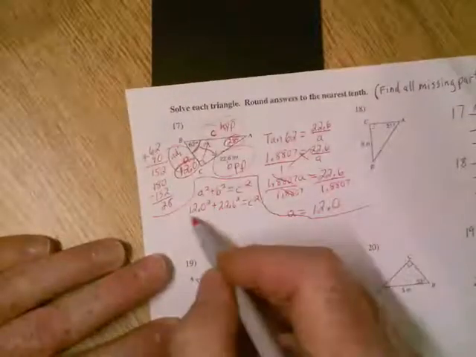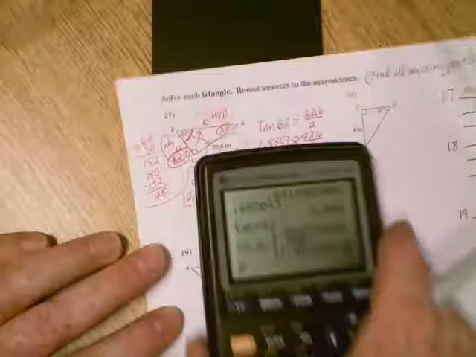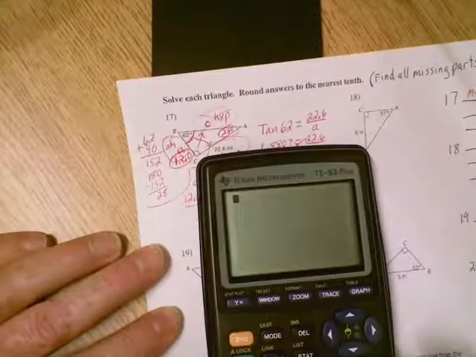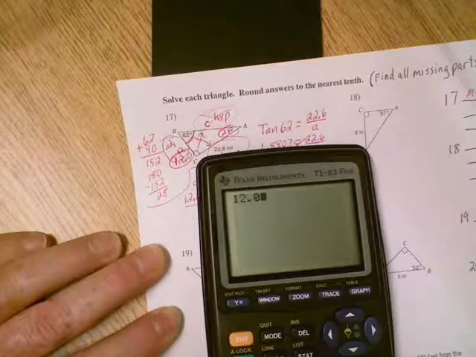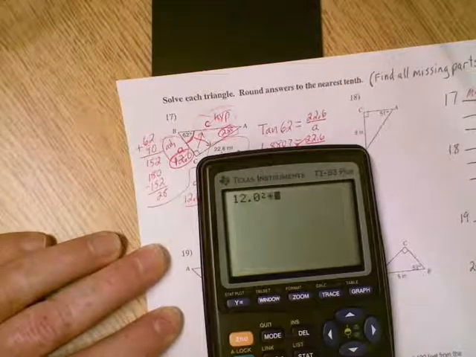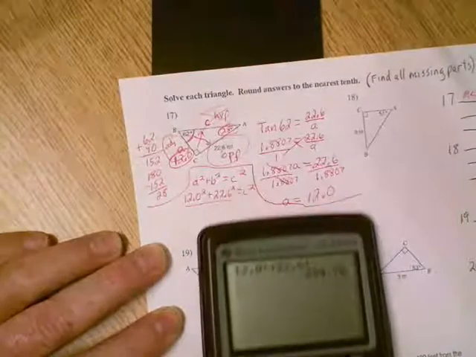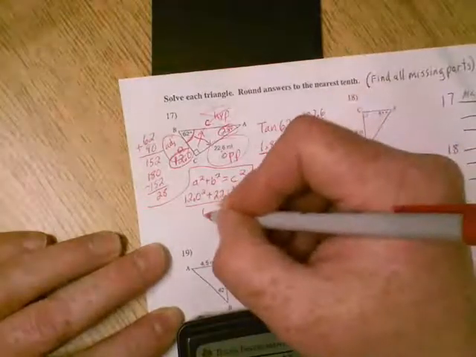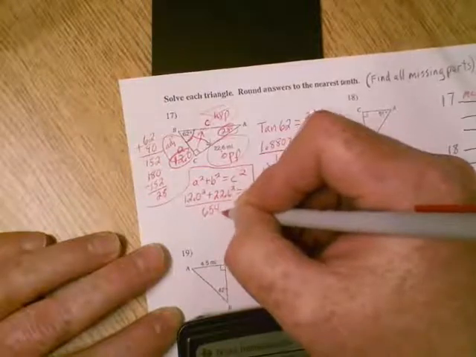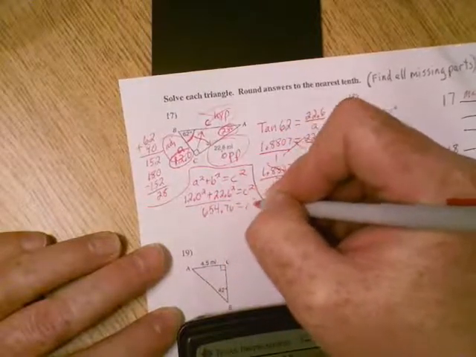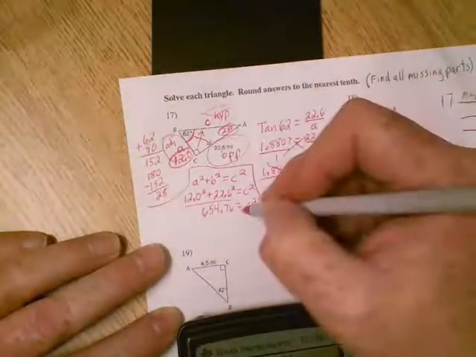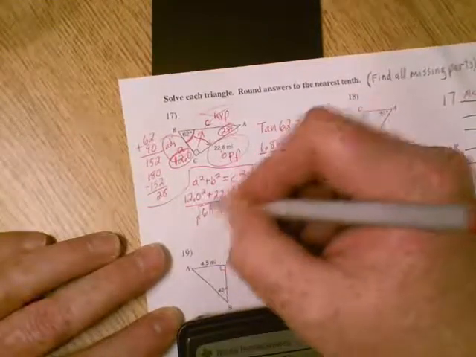All of this right here on this side, I can stick that all into my calculator as one thing. So 12.0 squared plus 22.6 squared, and it gives me 654.76 equals c squared. Now all I'm going to do is take the square root of both sides.